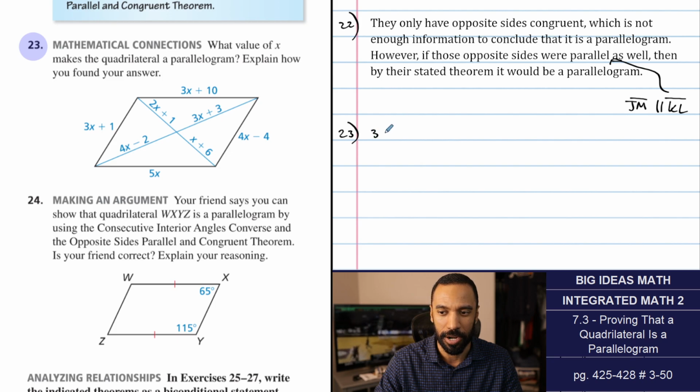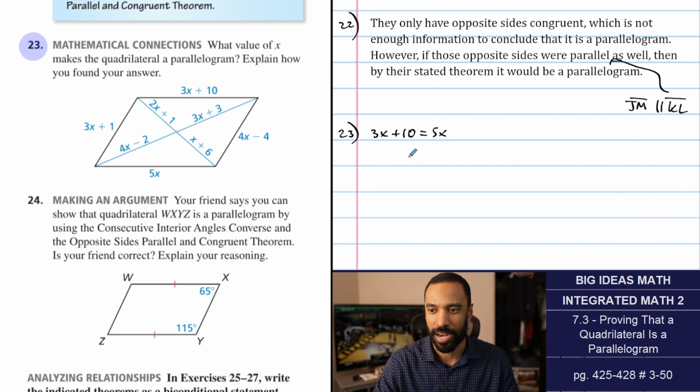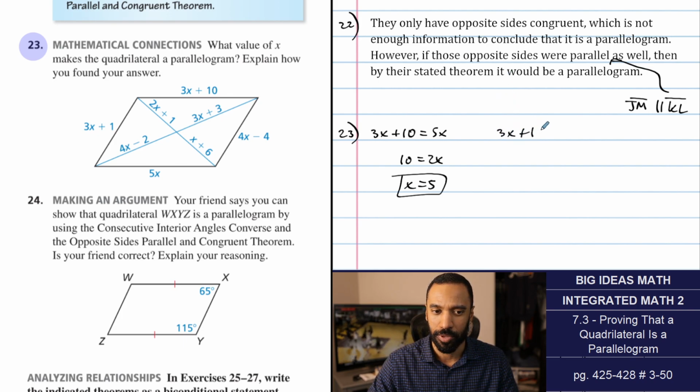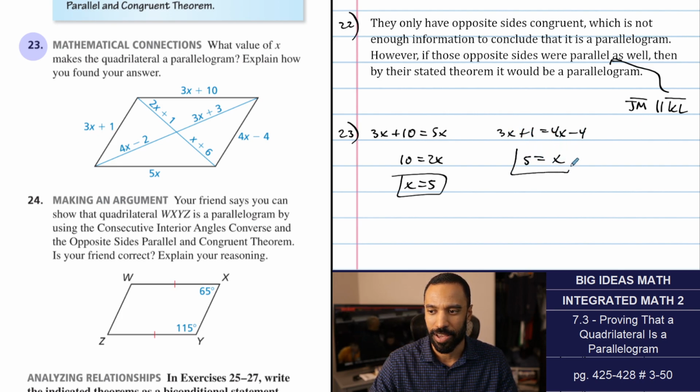Let's try the top and bottom. If 3x plus 10 equaled 5x, I'm going to subtract 3x from both sides and divide both sides by 2. I get 5. Let's see if this keeps going. If I had 3x plus 1 equals 4x minus 4, I could subtract 3x from both sides, add 4 to both sides, I still get 5. Okay.